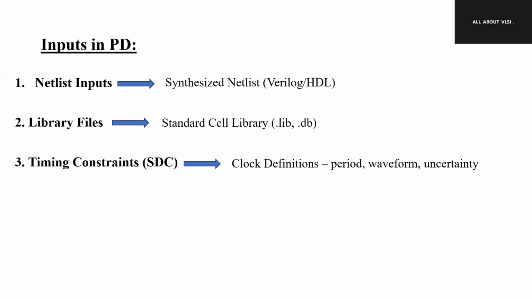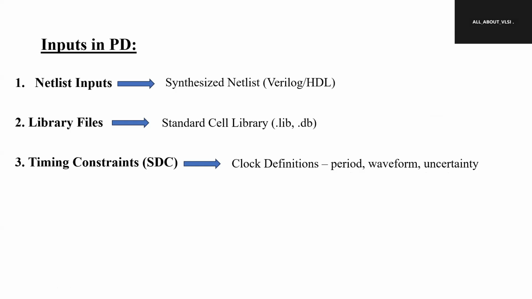We are creating all these things, right? When we create a particular clock, we have a period, waveform, uncertainty values, all these things, right? Derates, we are applying derates. All these things come in the SDC format. So all this information is present in the SDC file, the timing constraints file.